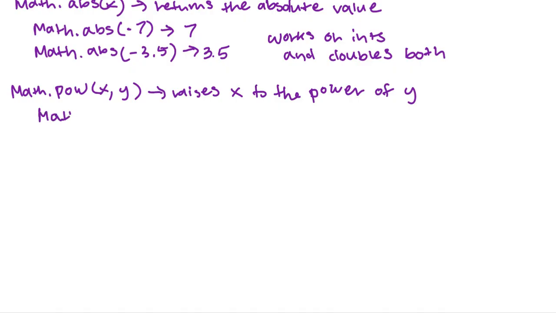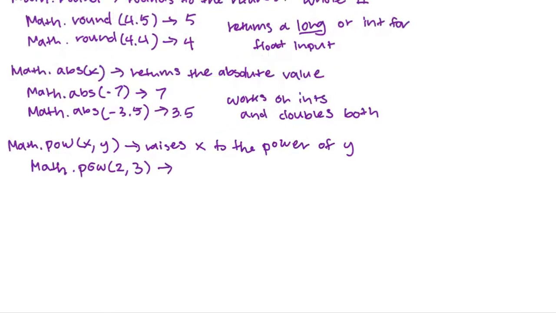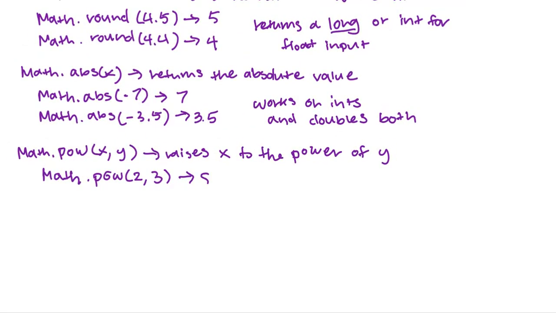So if we had 2, 3, that means we have 2 to the power of 3, which is 8.0, and we're returning a double always, even if the answer is a whole number.